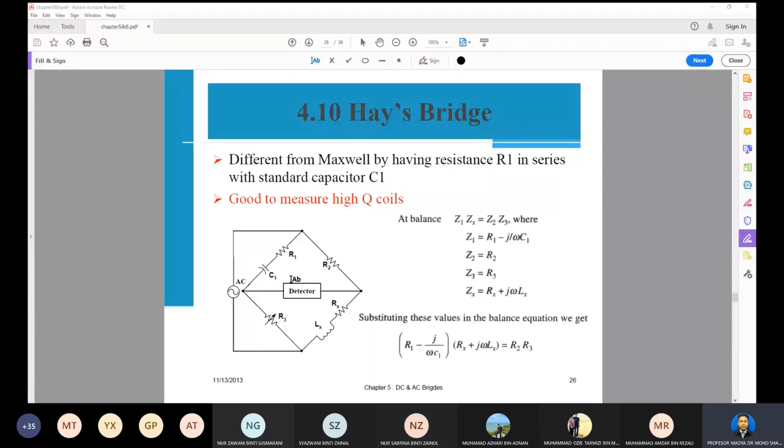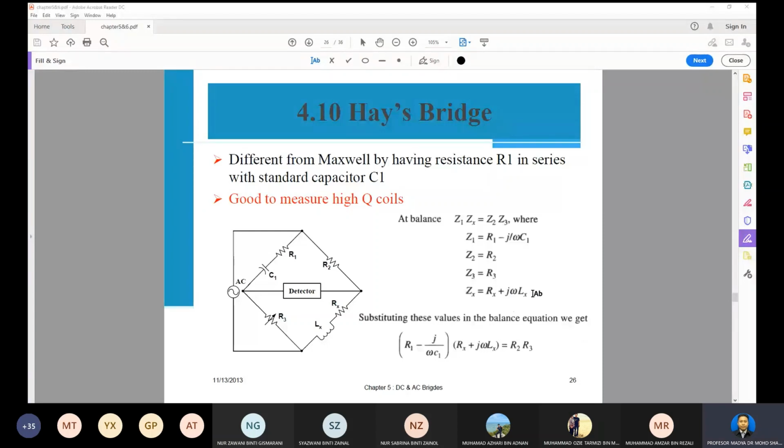So for impedance 1, the equation will be the same, but the difference is in Z1. Z1 equals R1 minus j over omega C1. That is the formula for impedance Z1. Then R2 is Z2, Z3 is R3, and Zx is Rx plus j omega Lx.